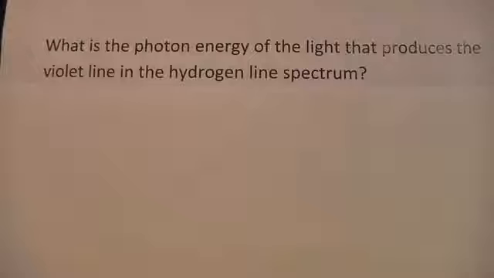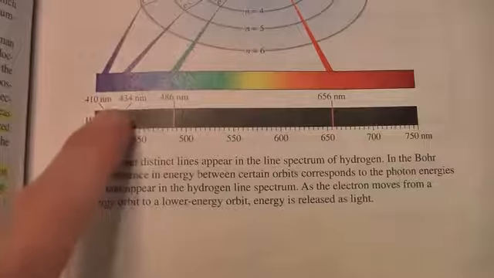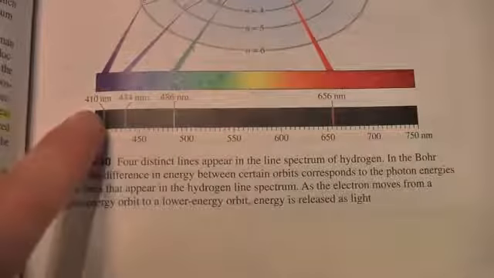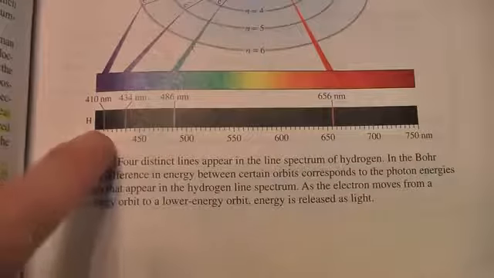Here's an example problem. What is the photon energy of the light that produces the violet line in the hydrogen line spectrum? First, I need to take a look at what the wavelength is that I'm given. If you turn to page 253, you'll find the hydrogen line spectrum, and 410 nanometers is the wavelength for the violet line.